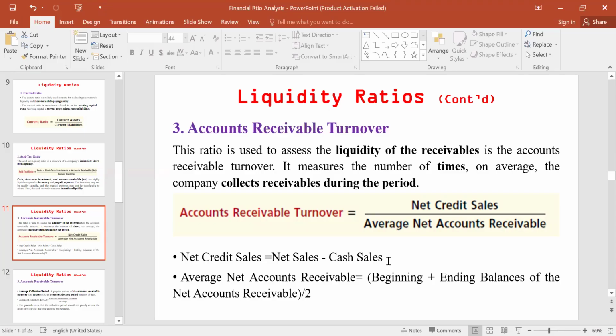The banks are in crisis at this moment because of these default risks, and default risks occur mostly due to account receivable turnover. Okay, so this is another technique to analyze the liquidity ratio.